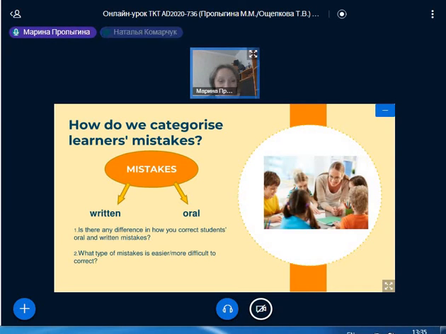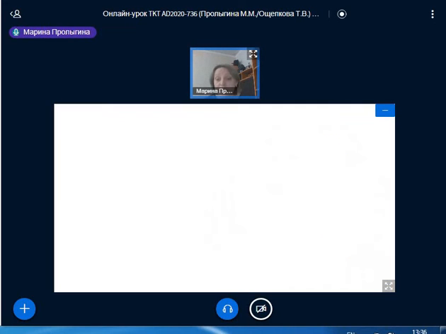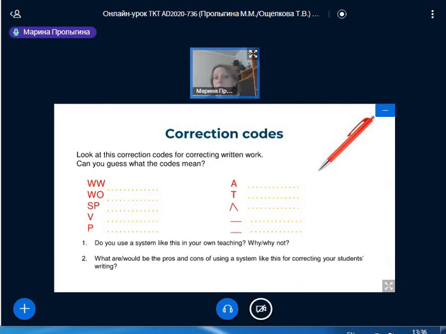We can sometimes write what kind of mistake it is, for example word order, or maybe spelling. Just write this note. Exactly, Natalia, thank you. So it is a sort of coding, right? It is a good idea for the students to understand what sort of mistakes they have made.